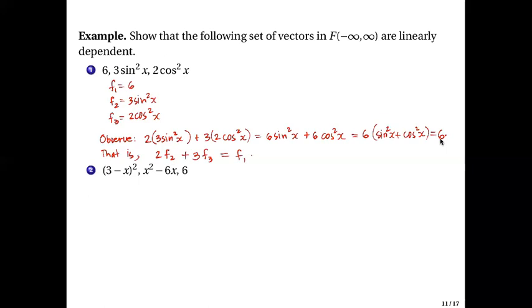Correct? Which means you were able to write f1 in terms of the other two vectors, f2 and f3. And therefore, indeed, this is a linearly dependent set, because you were able to write one vector in terms of the other. Okay? Questions?